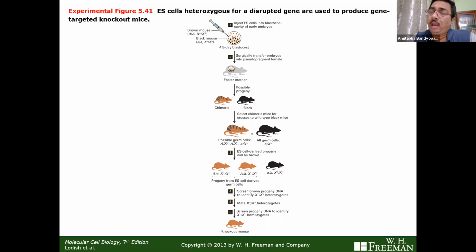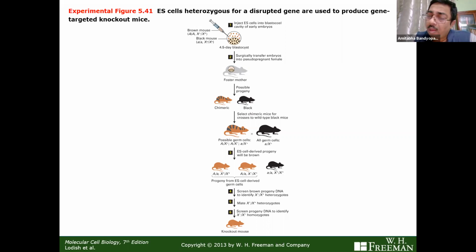And maybe later on it has a role in differentiation. So if you want to dissect the two, this is not the tool that will take you there. Why? Because the gene is knocked out from the very beginning.